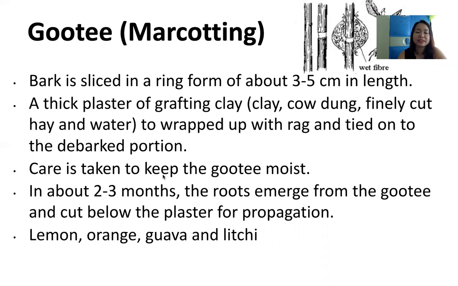It should be kept moist, and after 2 to 3 months the roots emerge from the Gootee, which is cut below the plaster for propagation. This is very good in lemon, orange, guava, and lychee.